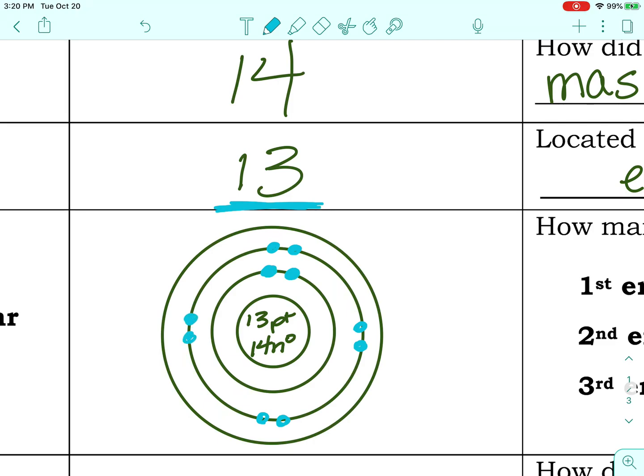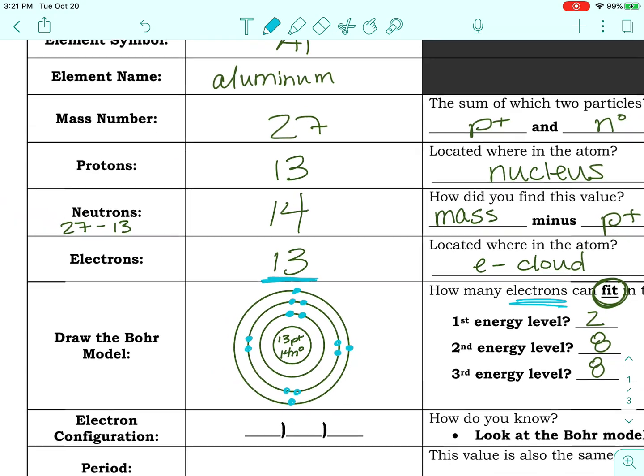Okay, and if we count up how many we've drawn so far, we'd have 2 in the first ring, 8 in the second ring, so 2 plus 8 is 10. So we've drawn 10 electrons, but we need 13. So that means we need 3 more electrons. So go ahead and put 3 more electrons there. So that is the Bohr model.